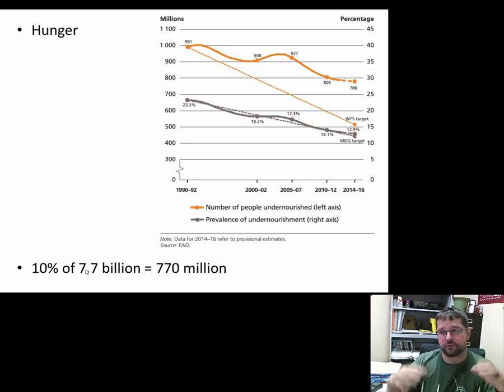If you compare it to 350 million, the entire population of the United States, that's a big deal. Take every single person in the United States, make them all undernourished, and then take all of Canada and all of Mexico and make all of them undernourished, and then you still have to bring in a little bit more from other countries. That's a massive amount of the population that's undernourished.